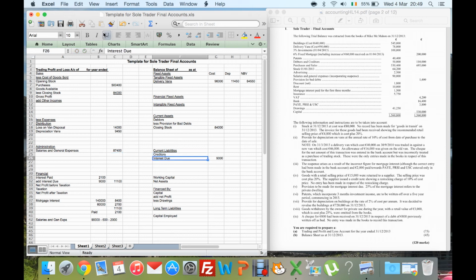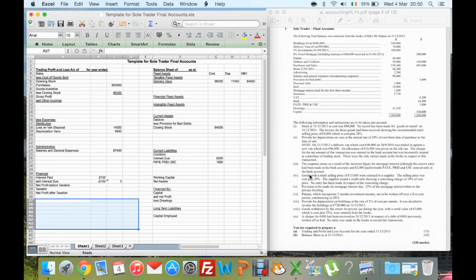So if I go to my current liabilities, PAYE, PRSI and USC, the figure at the moment is listed at 3.8. We've paid off 2 grand of that, so the figure is now 1.8. So we've got salaries and general expenses dealt with. So that's that one.